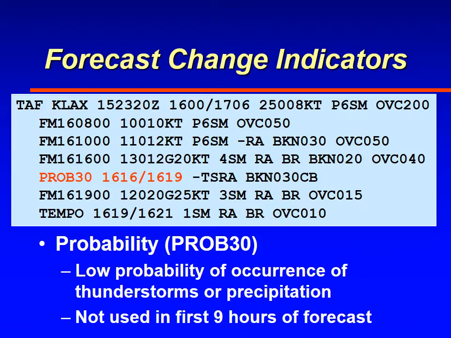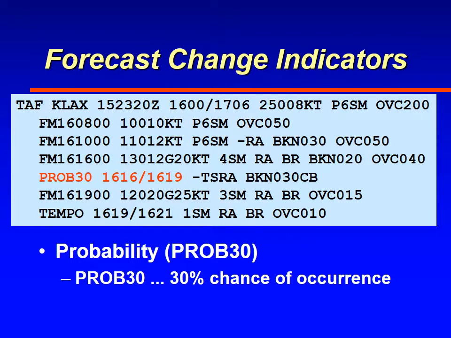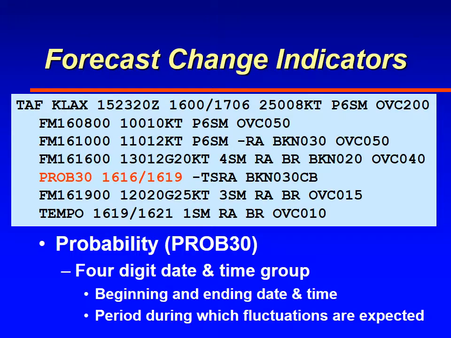Usually, PROB30 is used at the end of the forecast to indicate that there is a slight chance of something occurring. Of course, as the name implies, PROB30 means that there is a 30% chance of occurrence of that weather phenomenon. PROB30 times are given following, of course, the PROB30. And it's indicated very similar to the tempo group, where they give you 4 numbers and then a slash and another 4 numbers.